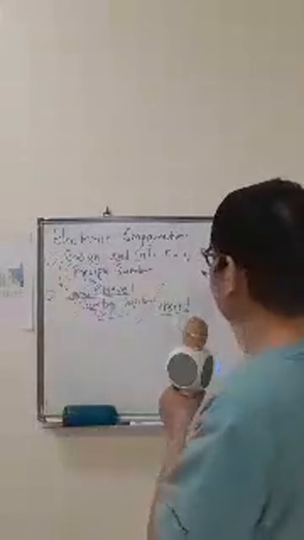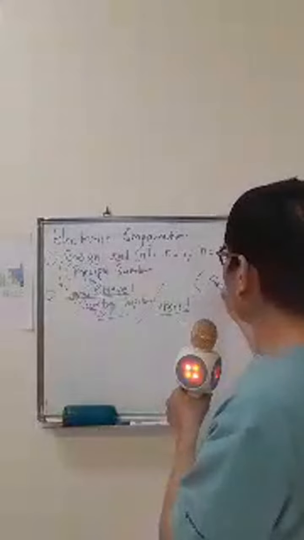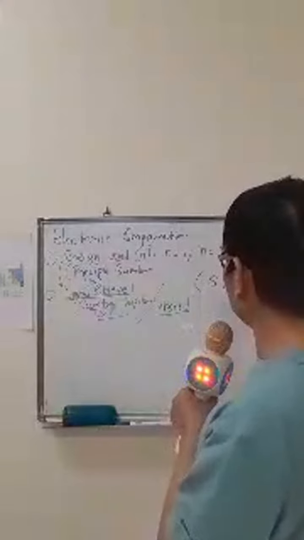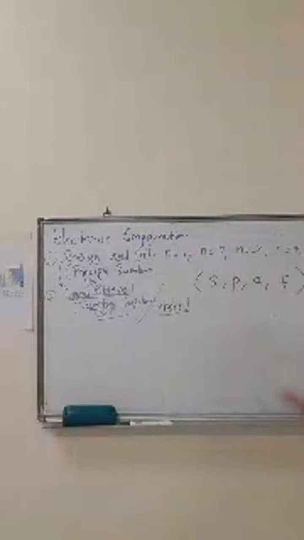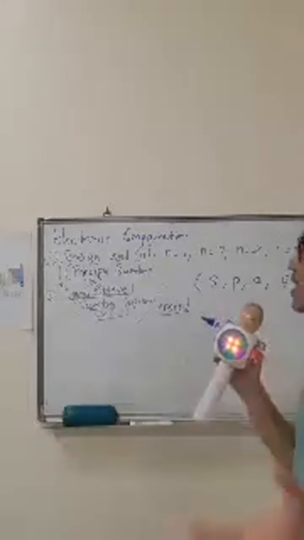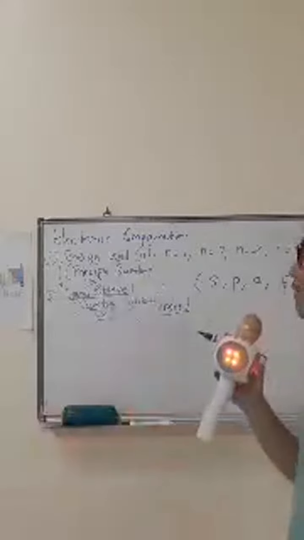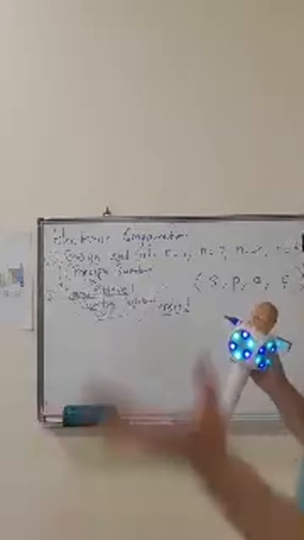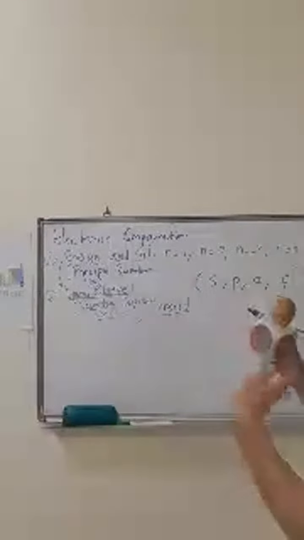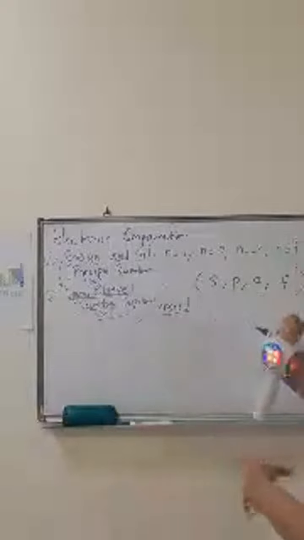This refers to s, p, d, and f: s sub-level, p sub-level, d sub-level, f sub-level, or s sub-shell, p sub-shell, d sub-shell, f sub-shell. These are all secondary quantum numbers.